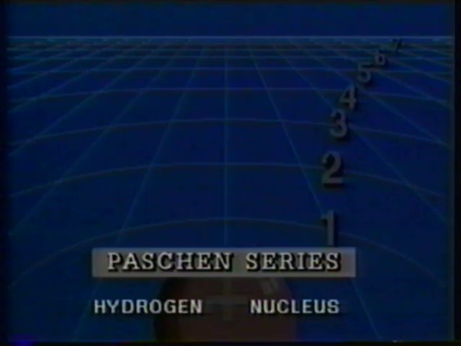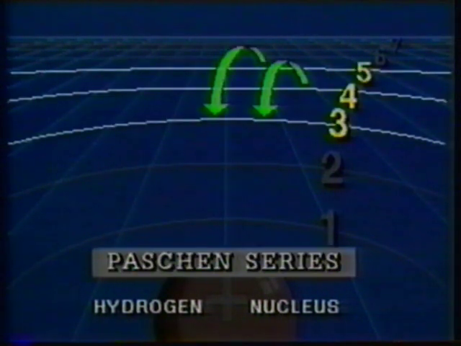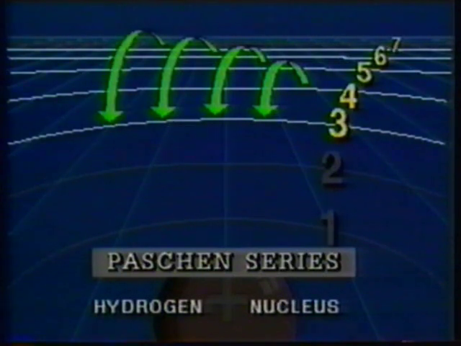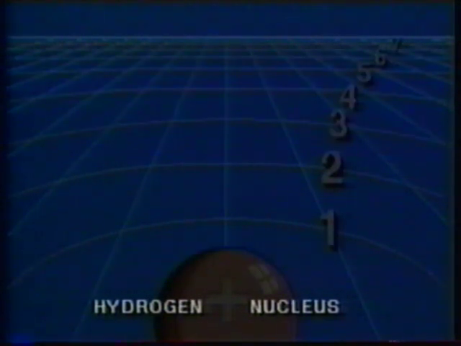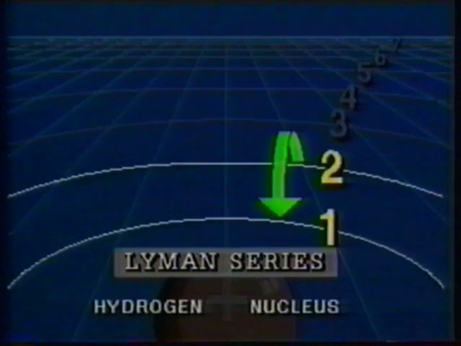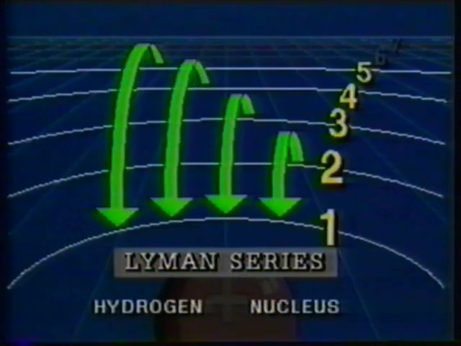Infrared radiation in the Paschen series is produced by jumps to n equals 3. Ultraviolet radiation in the Lyman series is produced by jumps to n equals 1.